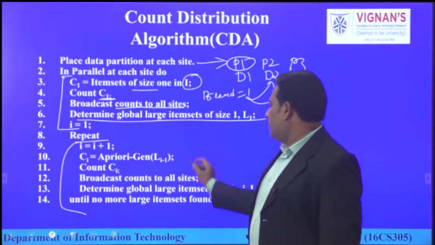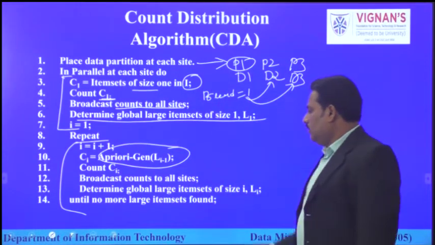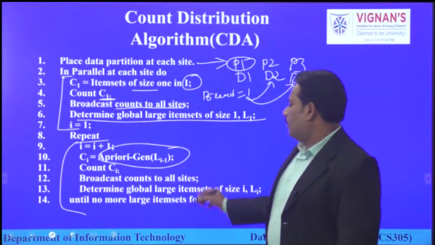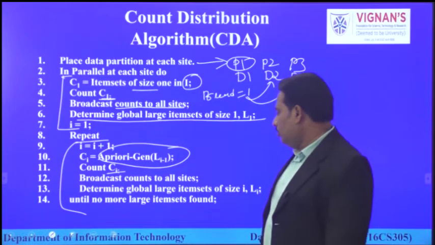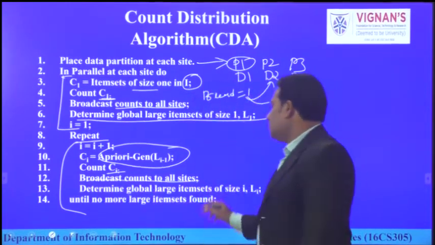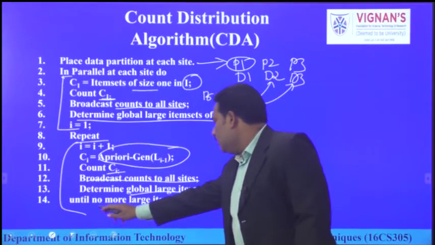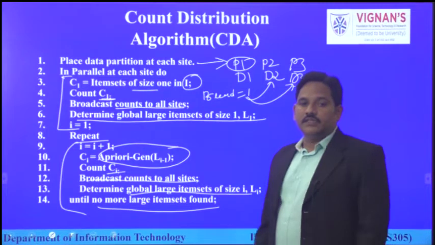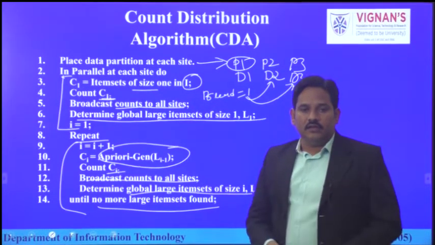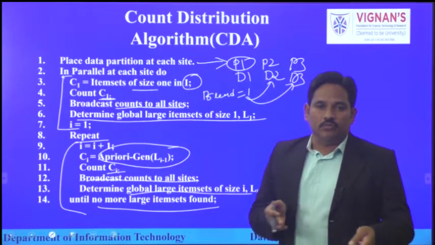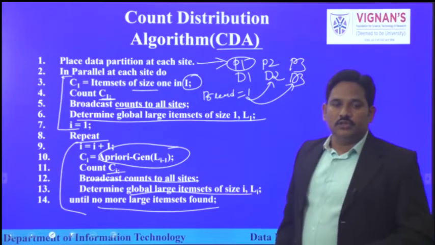After that, we apply the Apriori algorithm on each partition: find the best item sets, count, broadcast the count to all the sites, and determine the global large item sets of size L1, until no more large item sets are found. So when we divide the data and apply the Apriori algorithm in parallel, we call it the count distribution algorithm.